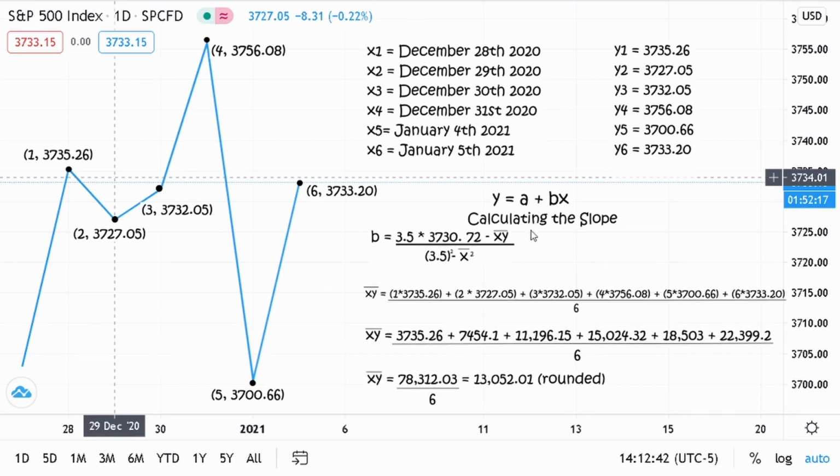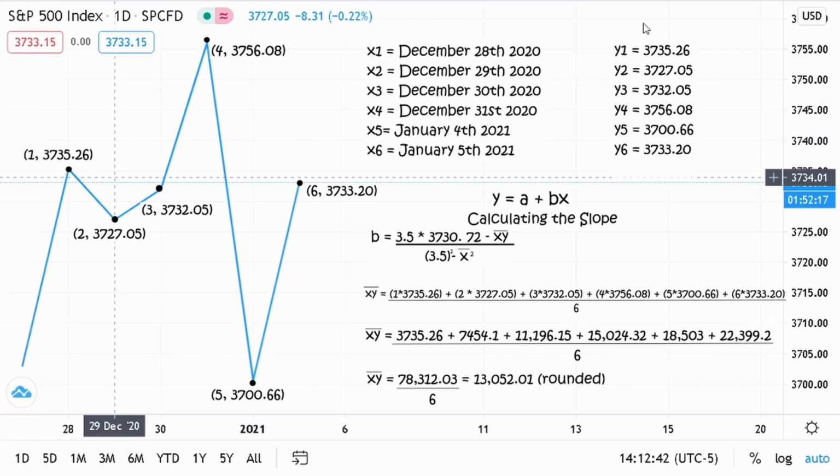Now that we have the mean of x and the mean of y in our equation, let's calculate the mean of x times y. The mean of x times y is basically the x value times its corresponding y value, divided by the number of variables that we are looking at, which will be in this example 6. So for example, we're going to take x1. That will be our first x value, so that's going to be denoted as 1.